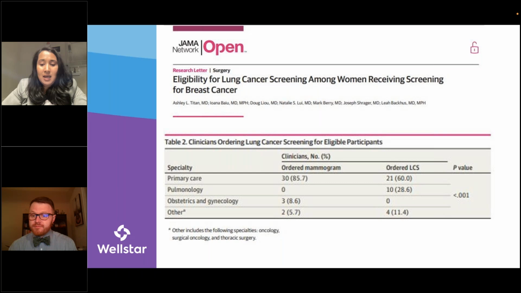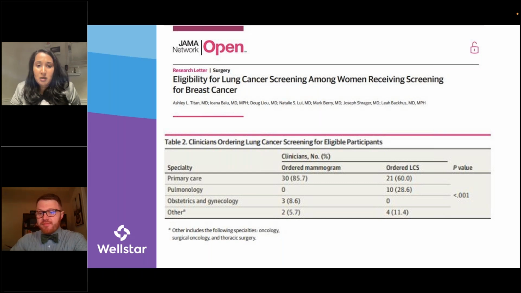And of those 99 that were eligible, only 35 of them, so about 35%, actually got screened. So that clearly tells you that, although there are certain cancer screenings that we're good at coordinating and ordering, lung cancer screening doesn't seem to come to our forefront.